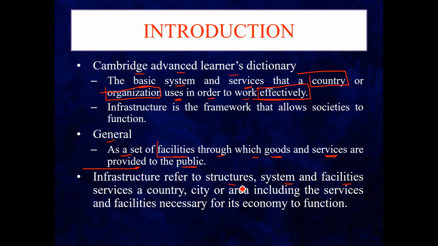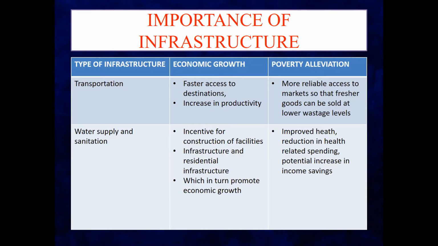So we have some types of infrastructure, like transportation. Why do we require transportation? Transportation is required for faster access to a destination, and by this we increase productivity, right? Water supply and sanitation we require for construction; residential infrastructure promotes good economic growth.